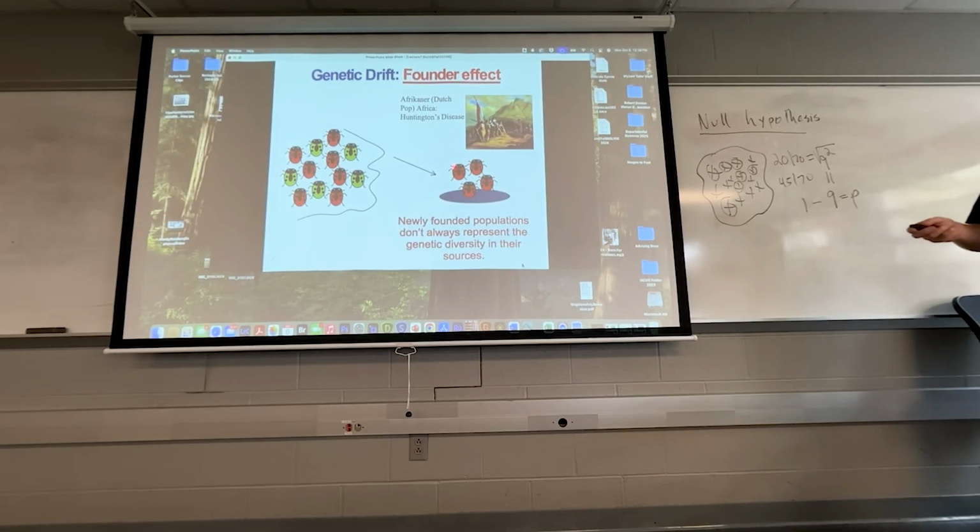And if that colony's far enough away and you don't get a lot of migration from the original larger population, then you might get only a certain number of alleles in that small representative sample. And if they are able to interbreed for many generations, their genotypic allele frequencies are going to be much different than the original population, right?